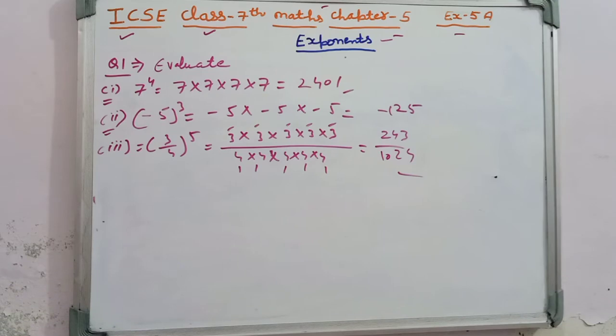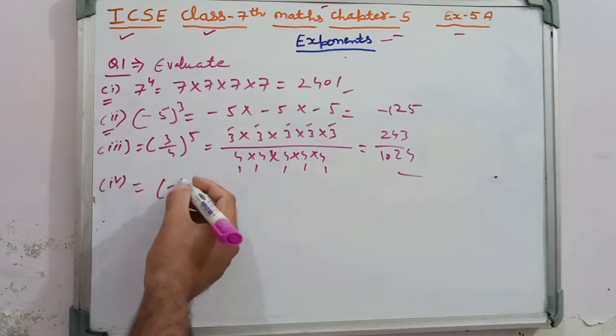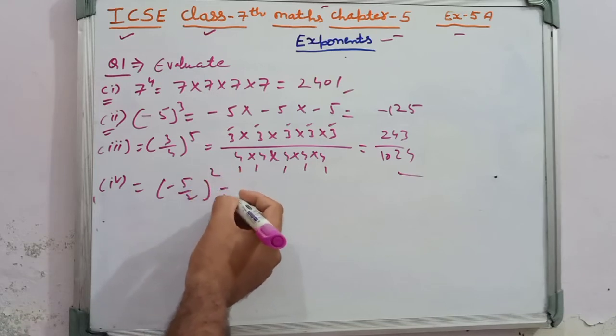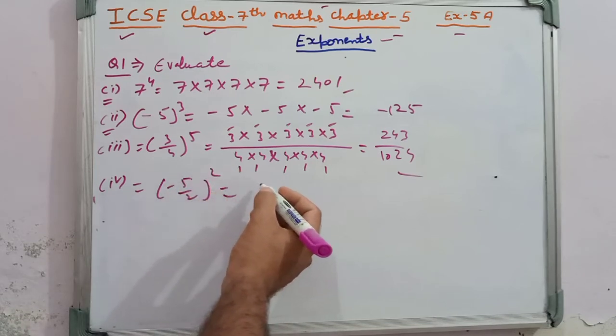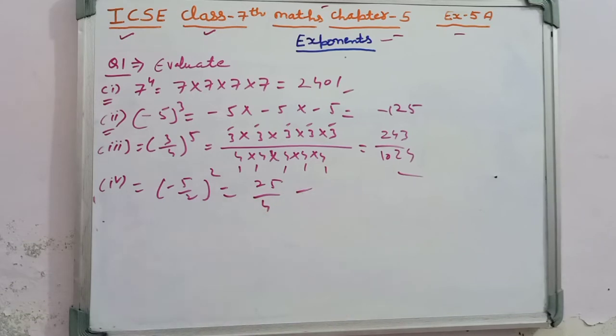This is your answer. Now part 4 is minus 5 upon 2 raised to power 2. Minus minus plus, 25, 2 twos are 4. The answer is 25 upon 4.